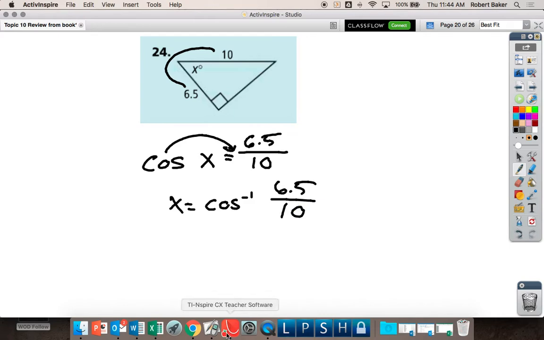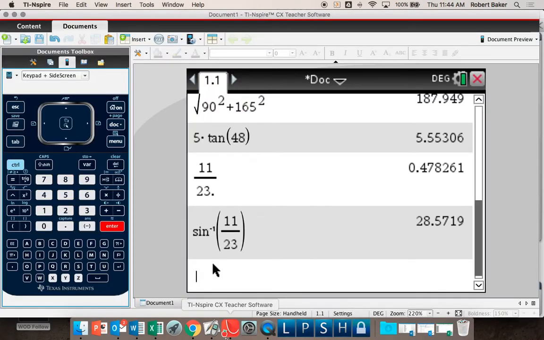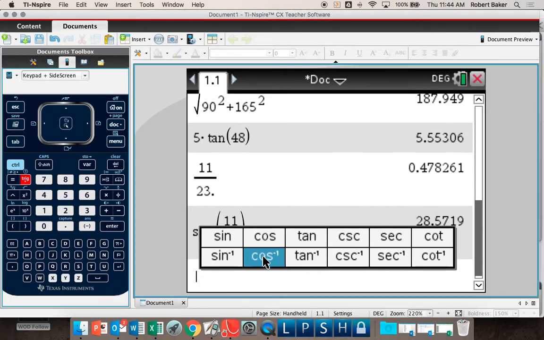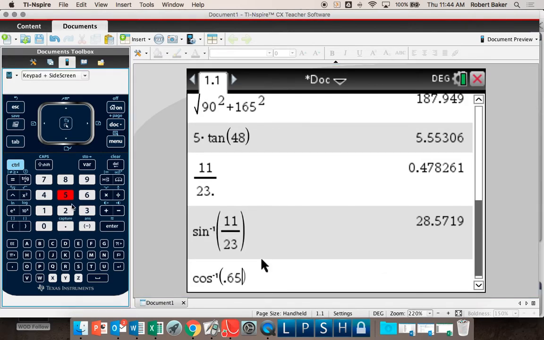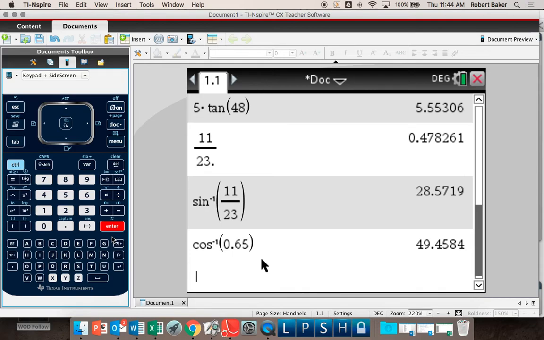And we type in inverse cosine of 6.5 divided by 10. We have 49 degrees. I just divided 6.5 by 10 in my head and put 0.65.